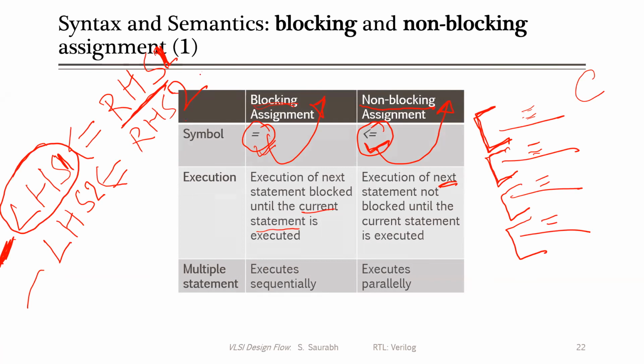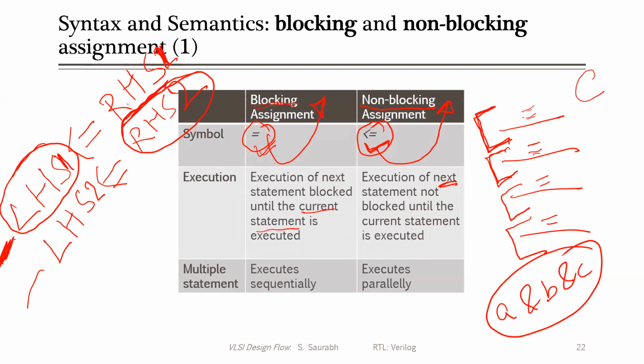In the next statement, only the RHS is evaluated. Remember that this RHS can be an expression, for example A and B and C. Whatever the current values of A, B, C are, the RHS is evaluated and its value is kept.